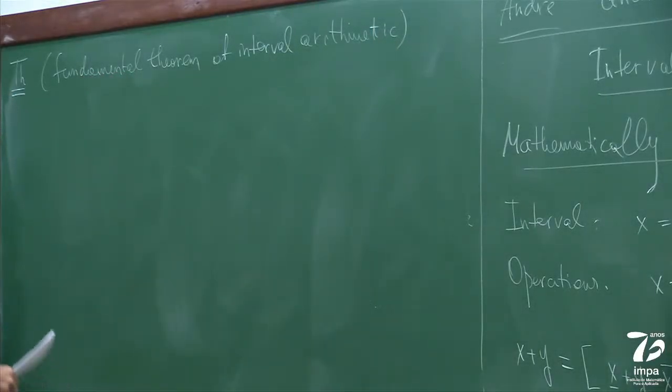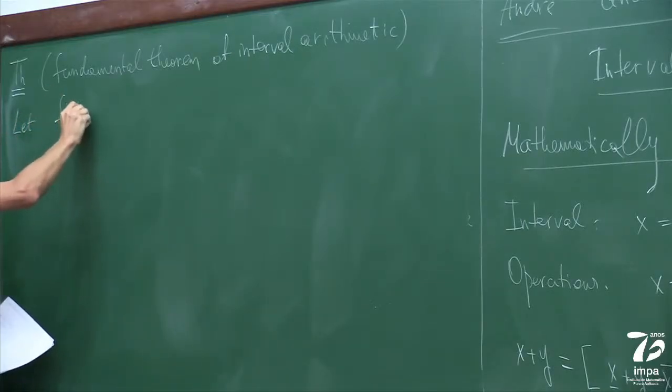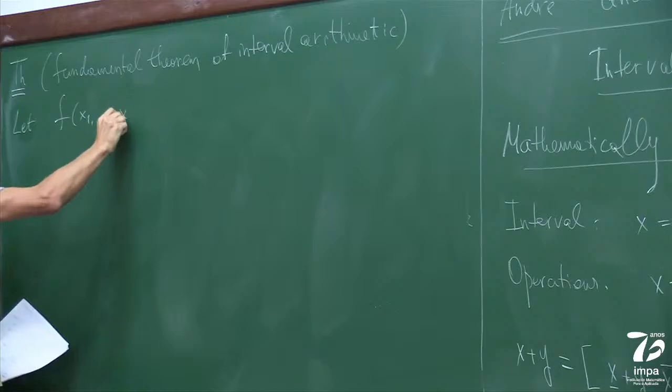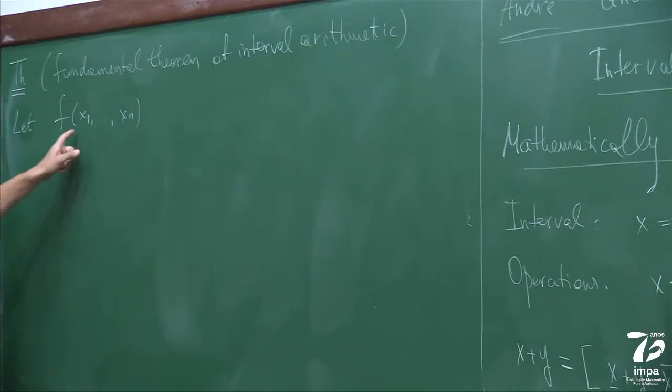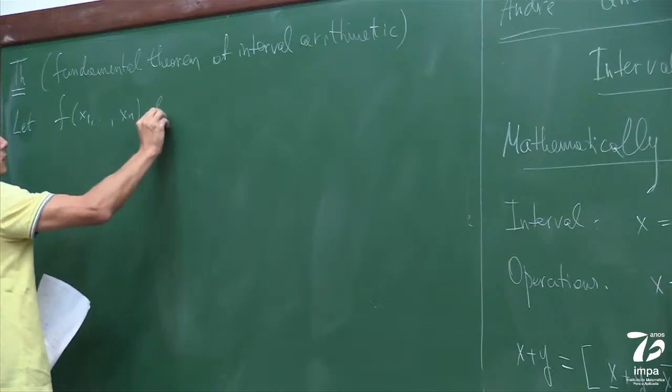So what does it tell? Let us consider a function. A function means our algebraic expression, f of certain arguments. All arguments are intervals, so now everything is an interval, and the value is an interval.